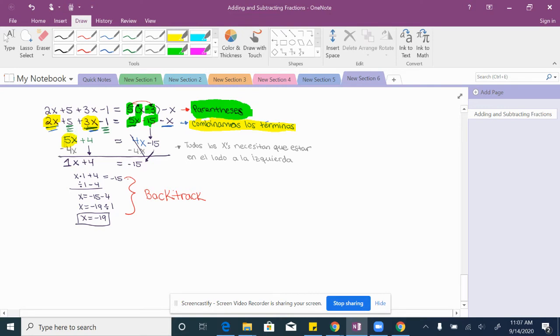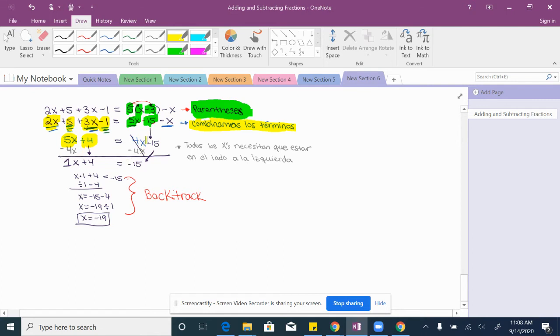2x plus 3x is 5x. These are also like terms, 5 and negative 1, which is 4.